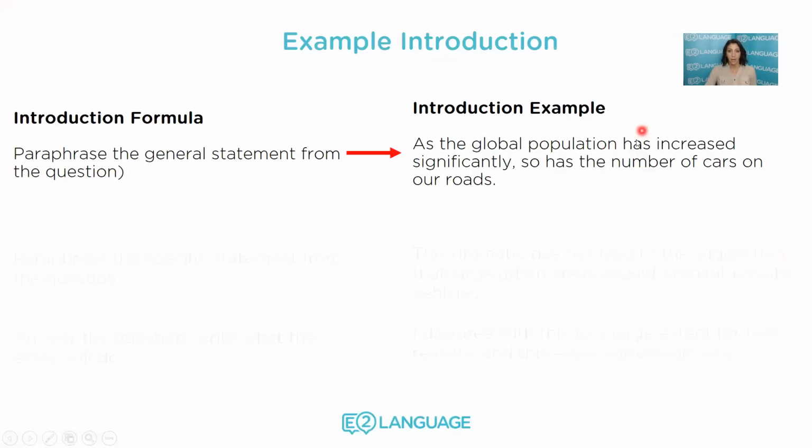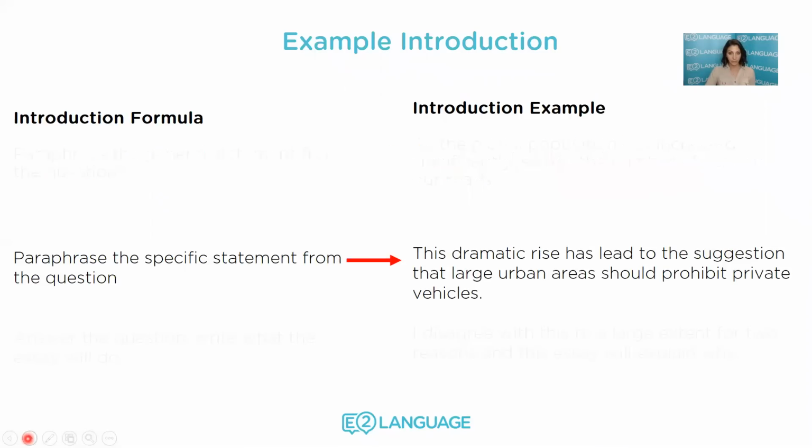Okay, as the global population has increased significantly, so has the number of cars on the road. So here I've actually taken this first sentence from the first sentence of the question. Then I've taken the second sentence from the question and I've paraphrased it.